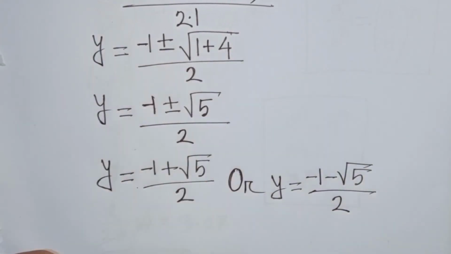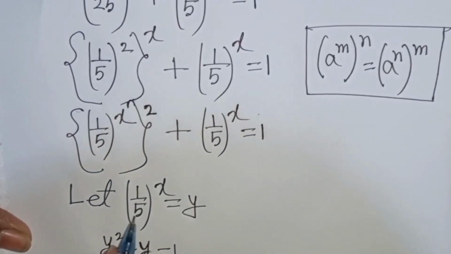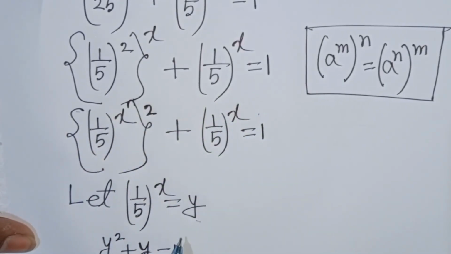But remember that y, that means let 1 by 5 bracket power x is substituted by y. So y, that means it will be 1 by 5 bracket power x.